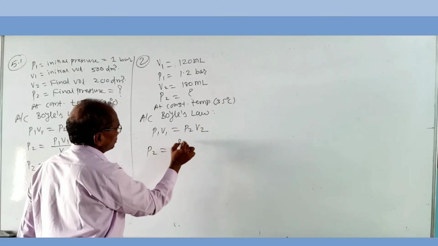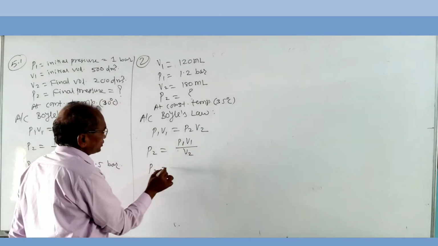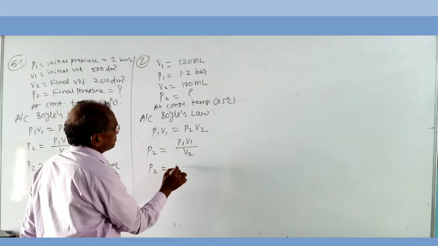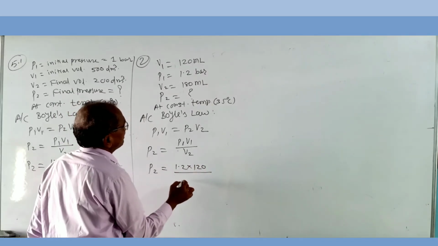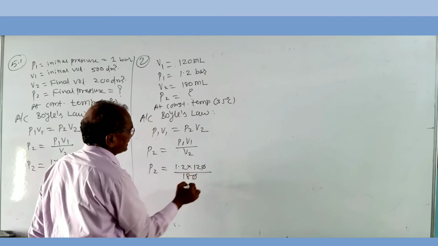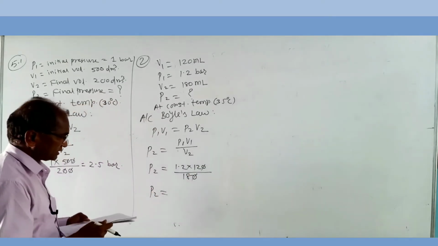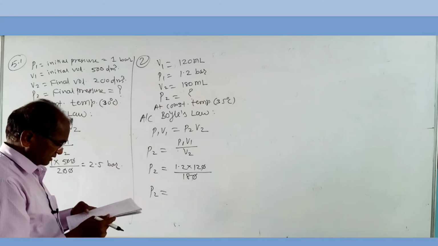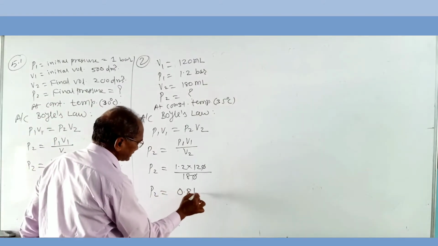P2 is equal to P1 V1 upon V2. Put the values. P1 is 1.2, V1 is 120, divided by V2 is 180. P2 is equal to, right? Its answer is 0.8 bar.